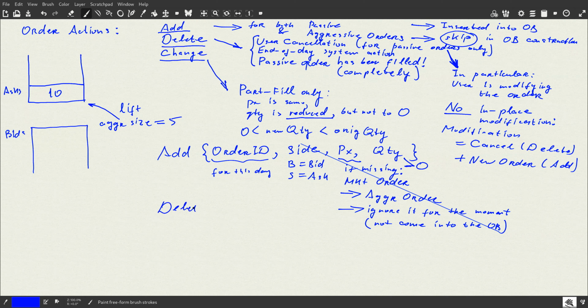Delete only has order ID. And that's why you already know it from your practical sessions. Apart from the order book, you need to implement, so for example, there was a certain order ID and this order for quantity 10 at this price. Let's say 75.41. The highest bid is 74.99.